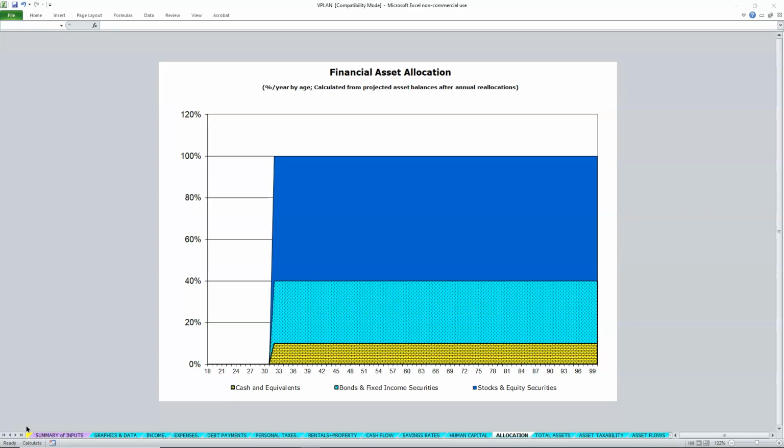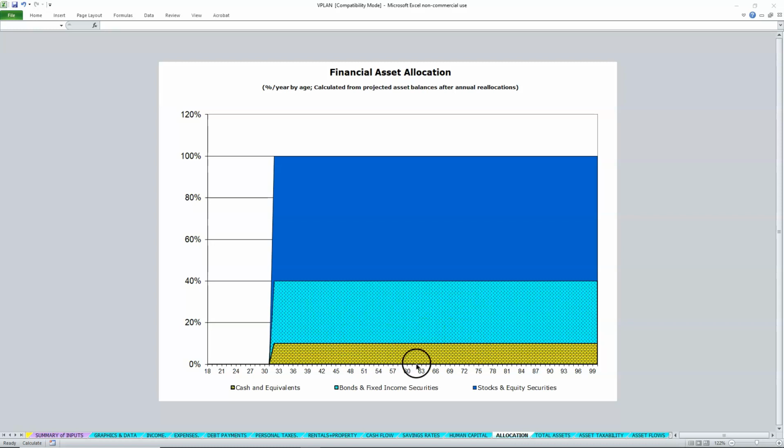The financial asset allocation graphic shows the year-by-year lifetime asset allocation percentages for cash, bond, and stock financial assets. This couple already had a 10% cash, 30% bonds, and 60% stocks portfolio, and they chose to continue with that asset allocation model throughout their projection.